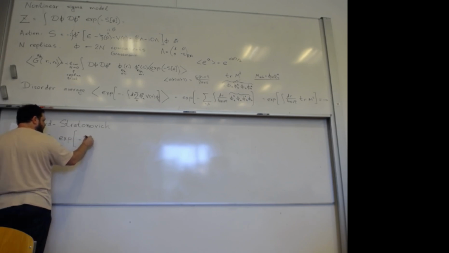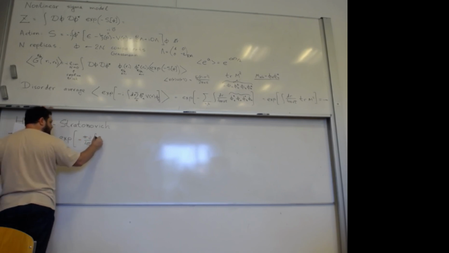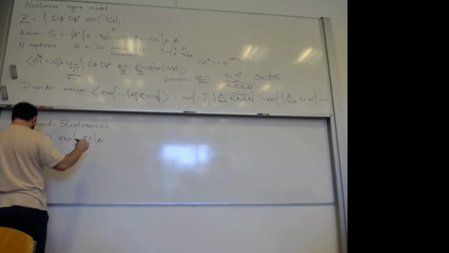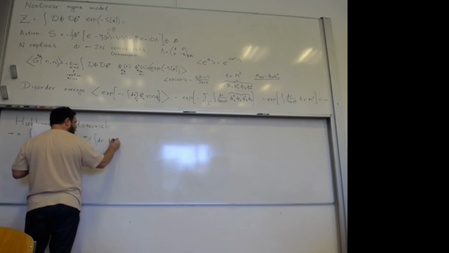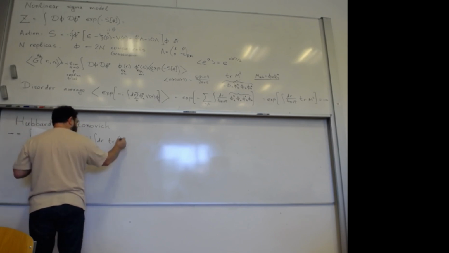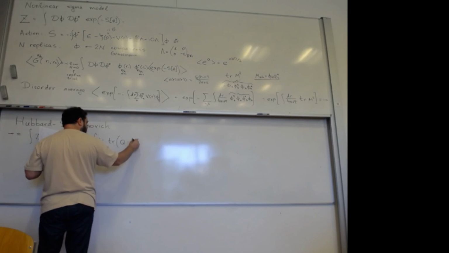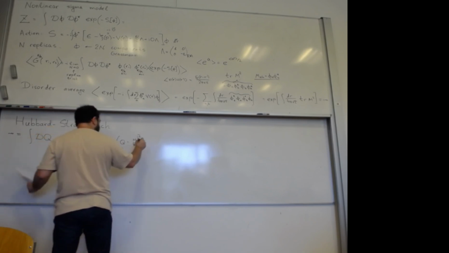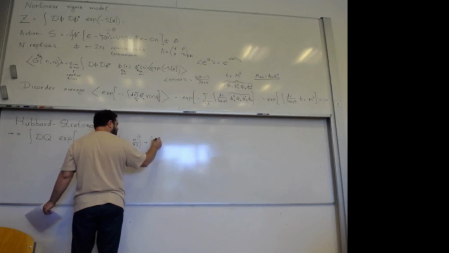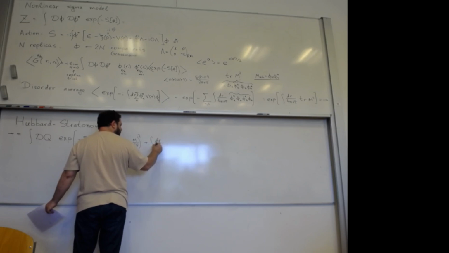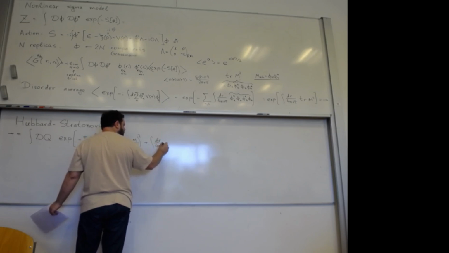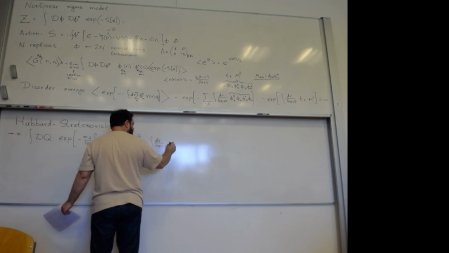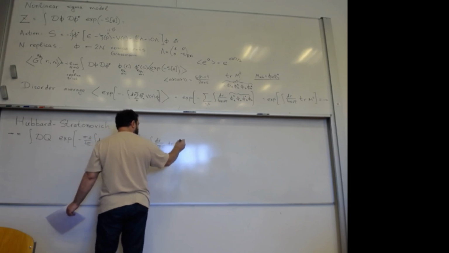Minus pi nu over 4 tau, integral over the whole space, trace of (q minus m divided by pi nu) squared, plus another integral over the whole space, 4 pi nu tau, trace m squared.